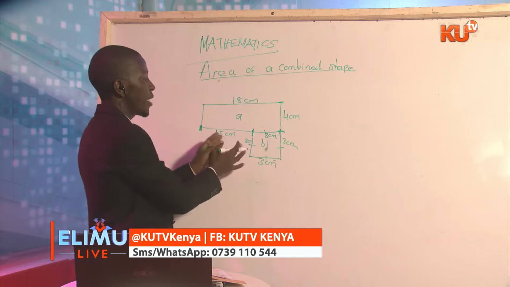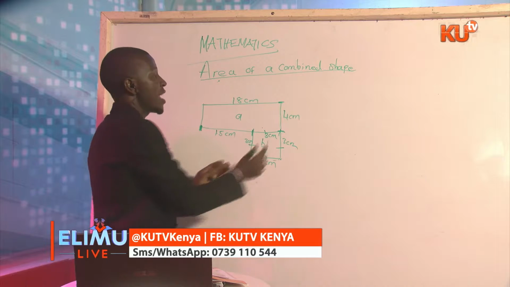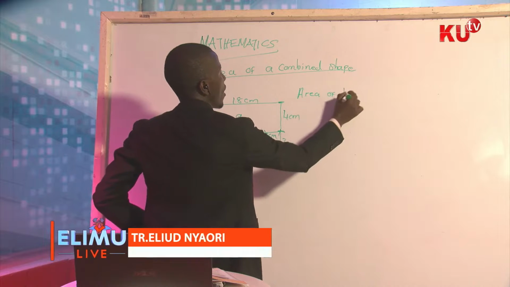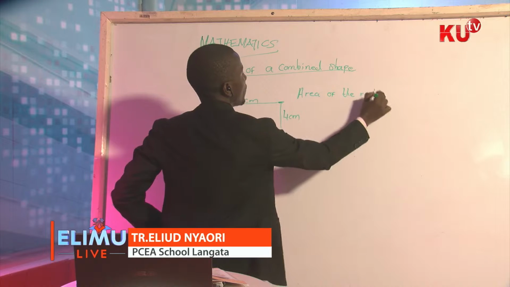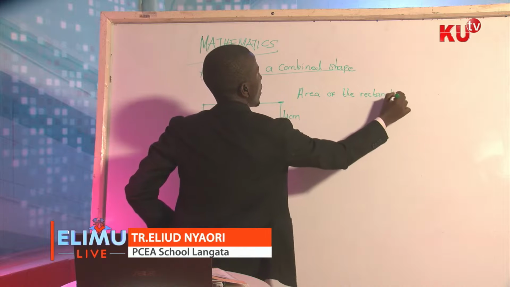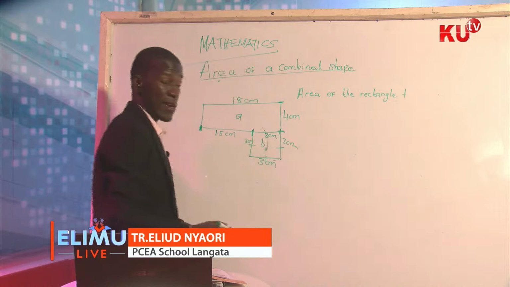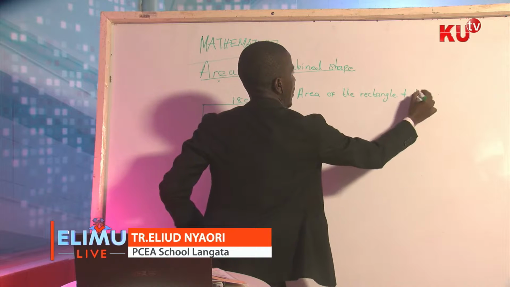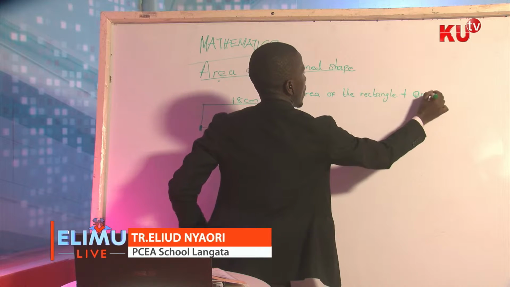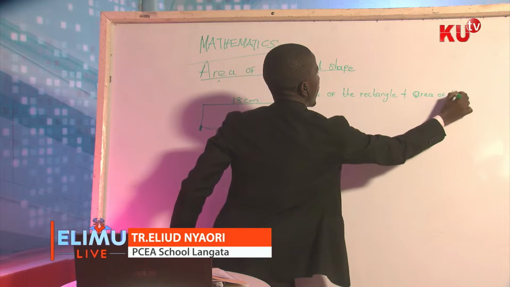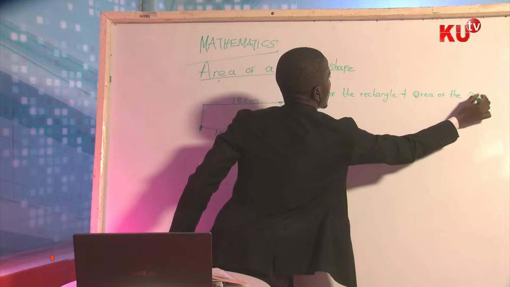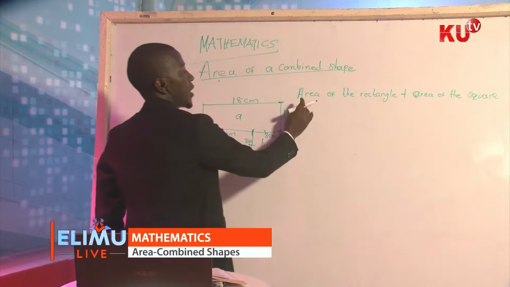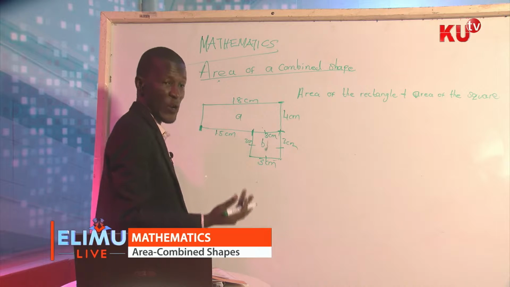The area of this combined shape is equal to area of the rectangle plus area of the square. So how do you find the area of the rectangle?